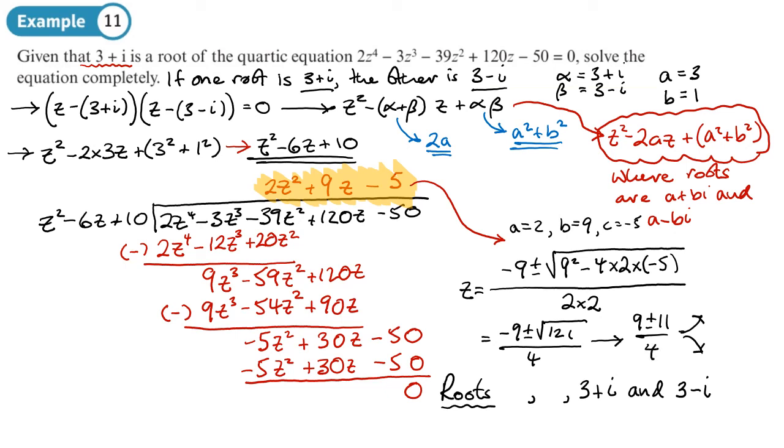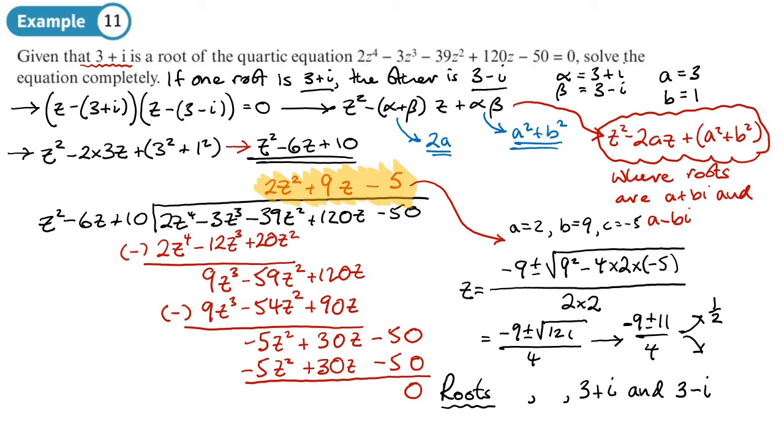So now I get 9 plus 11, which is 20 divided by 4, which is oh, and this is negative as well. Right. Yeah, so negative 9 plus 11 is going to be 2. 2 over 4 is a half.